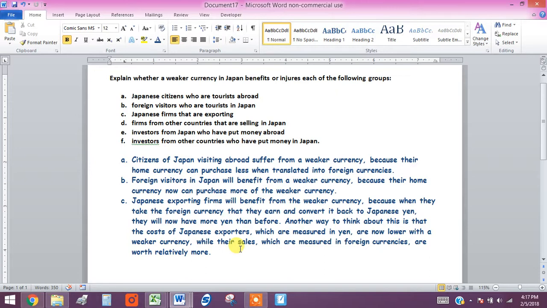And another way to look at it is that the Japanese exporters are producing in Japan, so the cost is in yen, and they're selling it in dollars or euros or some other foreign currency that's stronger, then their sales are going to be worth relatively more, or have more value relative to their cost in yen.